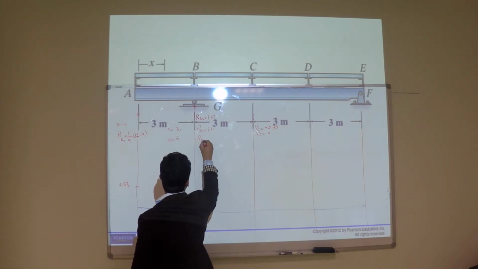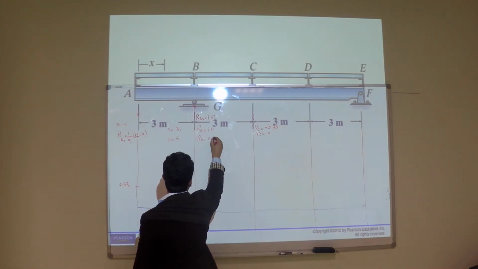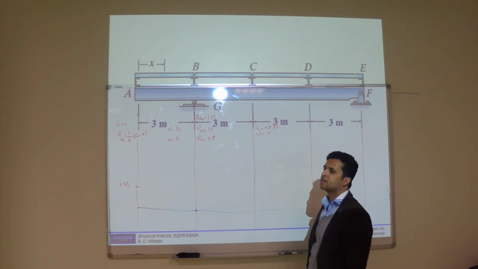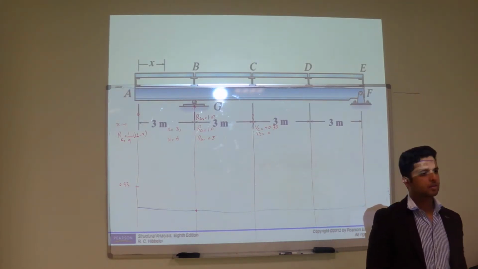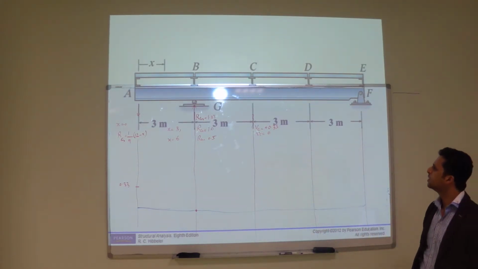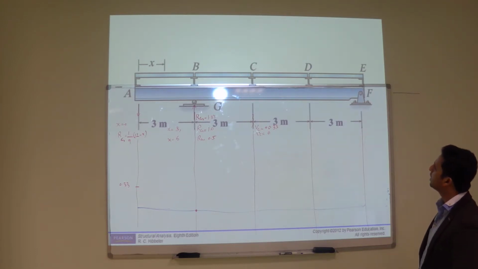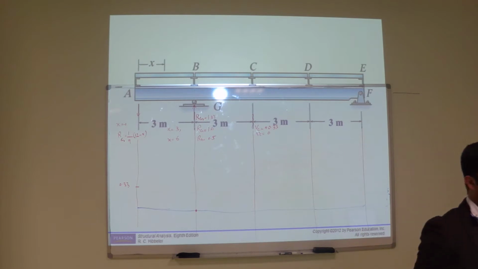RG will be 6 over 9, that's 2 over 3. So 0.67.